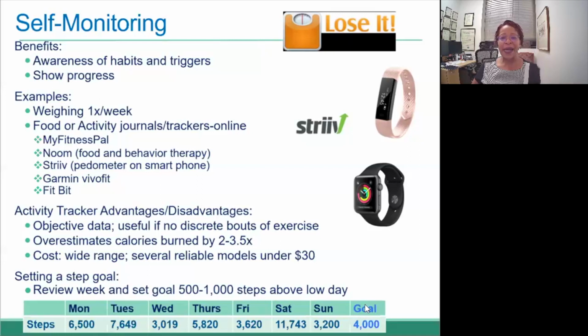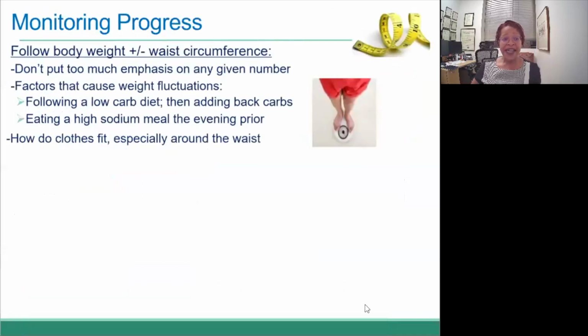Now, looking at more monitoring, if you're following with a provider for this, it could be body weight and/or waist circumference, but don't put too much emphasis on any number, because there are a lot of factors that can cause fluctuations in body weight from day to day, right?